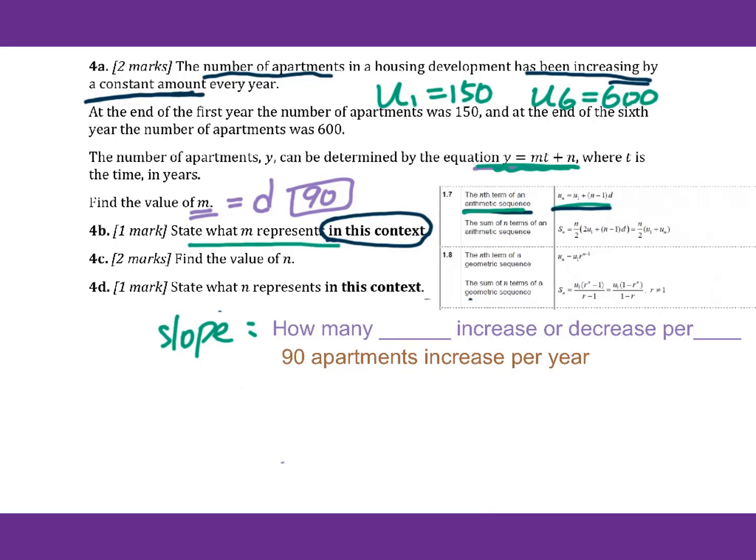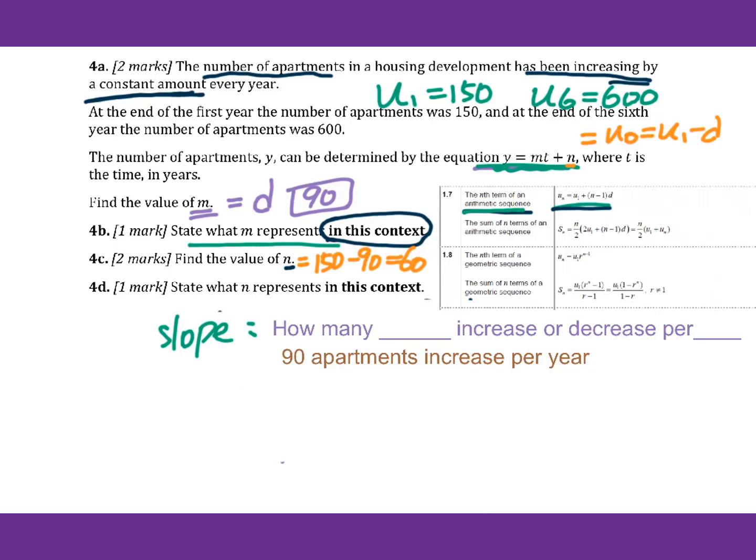For say, find the value of n. This n is a y-intercept. For the y-intercept, we know that equals u sub 0, which means u sub 1 minus d. Therefore, for this n, you can do 150 minus 90, that equals 60.